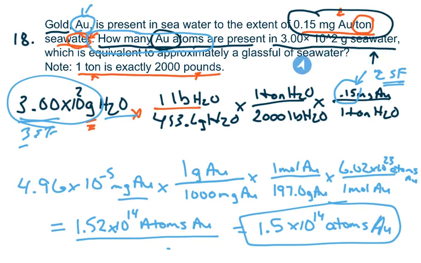Again, last thing. Looking at the question, how many gold atoms are present in this many grams of water? This is where you start. This is where you end. That was where we started, and this is where we ended. That's how you approach these problems. All these other numbers in the problem we used at one point or another, but they were conversion factors.